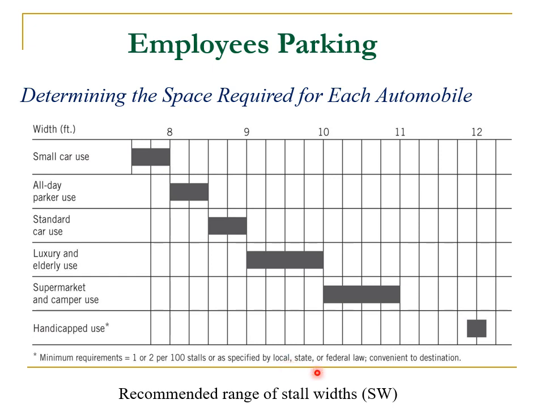Again, depending on the regulations of the country, of the government, you may need to allocate a certain number of parking spaces for handicapped use. So these are the recommended ranges of stall widths for different uses. Of course, while making your designs, you can make use of such tables and such rules of thumb, but also you should consider the local culture, the local philosophy of the company, and so on.